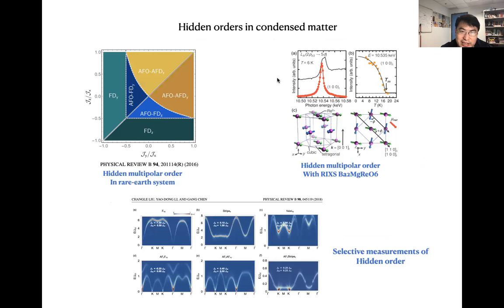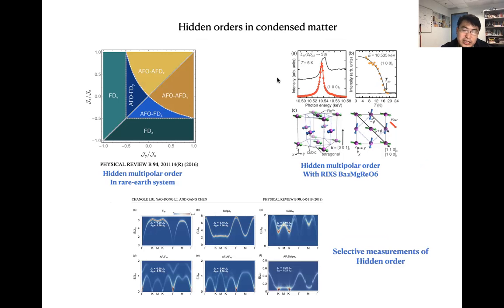We studied how to detect hidden orders. Hidden orders are orders that should exist, but conventional thermodynamic measurements and spectroscopic measurements cannot clearly identify the nature of these orders. So that's why it is called a hidden order.